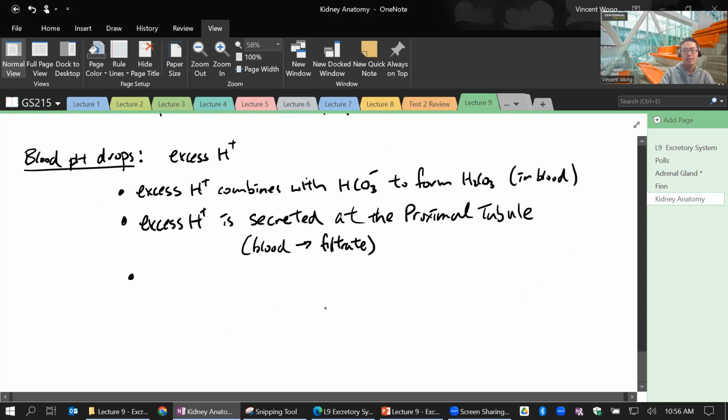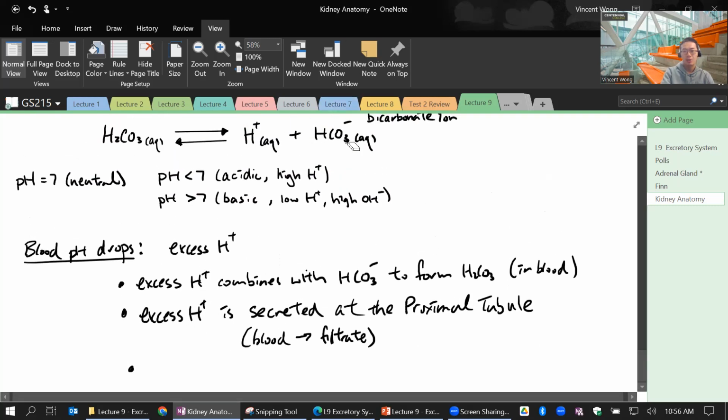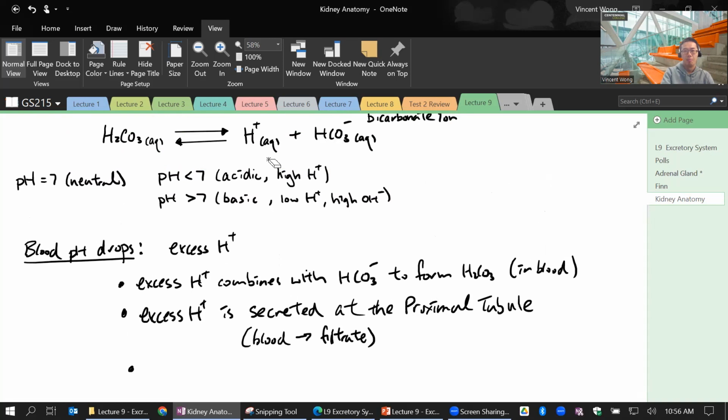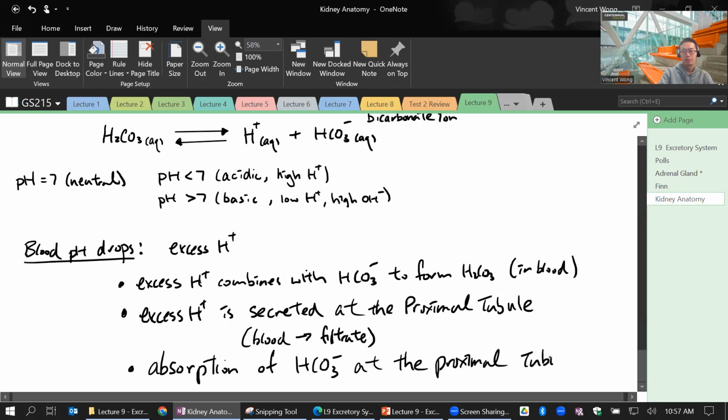On the other hand, not only do we want to get rid of the excess H+, because your body is using up a lot of bicarbonate to mop up the excess H+, you want to conserve them. So that's why we have absorption of HCO3- at the proximal tubule as well.